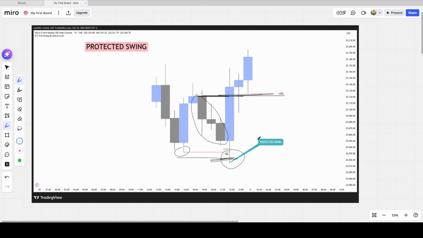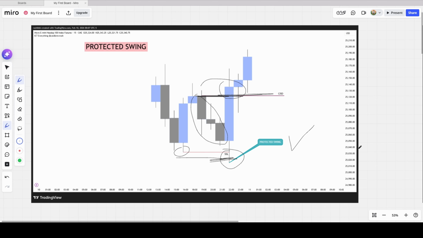So in this example, here is the low. I then identify the group of down-closed candles that formed that low and mark that level out. Once price closes above that level, that low becomes a protected low, and I now expect it to hold if price is going to continue higher.